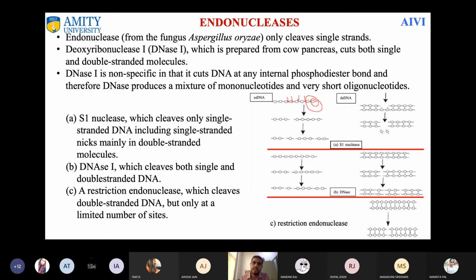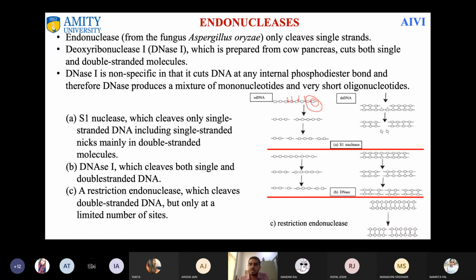If you take S1 nuclease and give it double-stranded DNA, it won't produce any cut. It will cut only if you give a single-stranded DNA. If you give double-stranded DNA to S1 nuclease, it won't produce any cut.